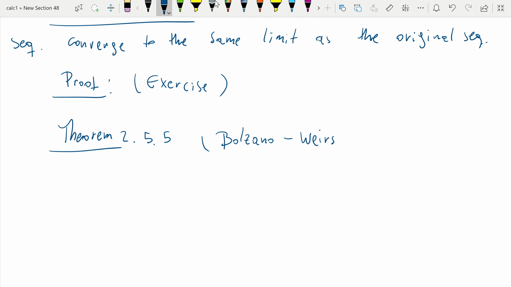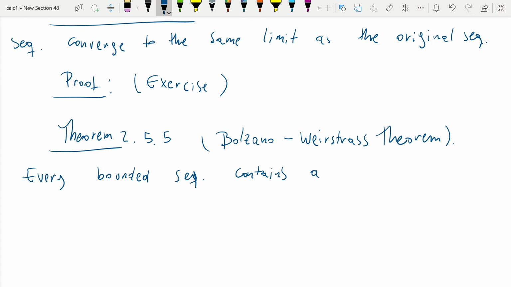It simply says what I've been announcing for some time now: every bounded sequence contains a convergent subsequence. This is a consequence of the nested interval property. So I will also give the proof of this to you as an exercise.